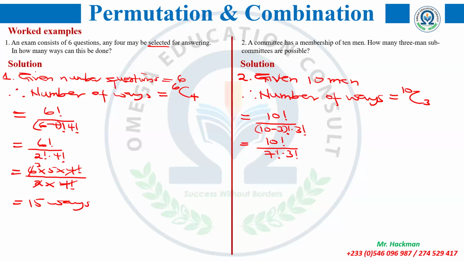Between 7 and 3, 7 is bigger, so I write 10 factorial to contain the bigger one in the denominator. So expand 10 factorial to contain 7 factorial, and that will give you 10 times 9 times 8, then times 7 factorial, all over, your 7 factorial was a target, the 3 factorial was not.